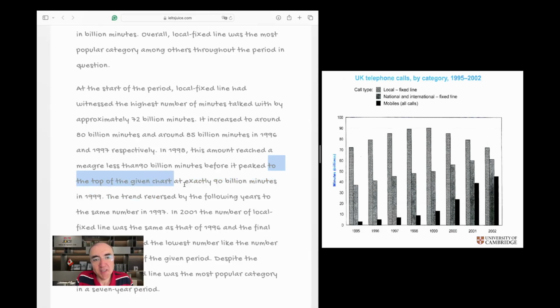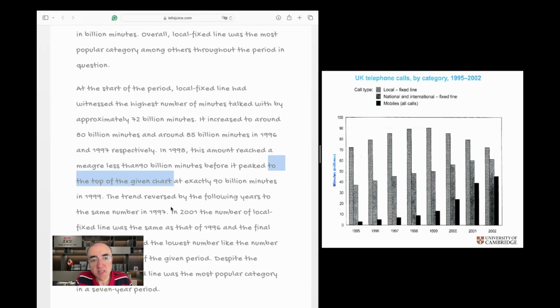Here, it peaked at exactly 90 billion minutes. Yeah, you can say exactly 90 billion minutes in 1999. Very good. The trend reversed in the following years, to the same number in 1997. Okay, in the following years or in the following year?